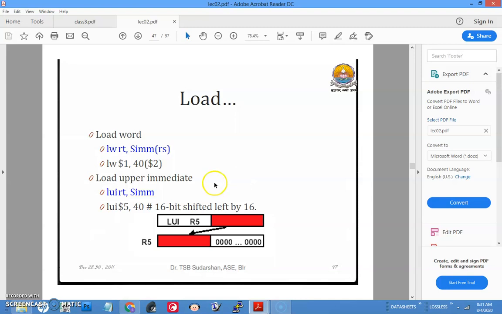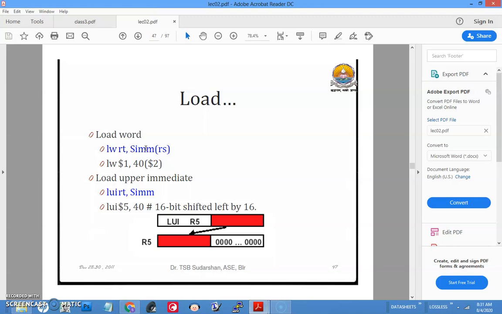In this slide you will find LW, where RT is the register that gets loaded, and SIMM stands for signed immediate, and RS. This signed immediate tells you the offset sign, whether it is a positive offset or a negative offset. If you have a value in the base register and you add the offset, you get the effective address.